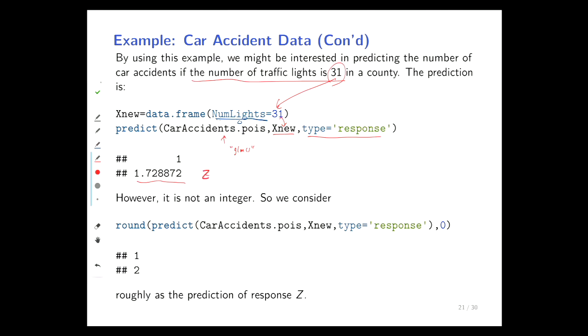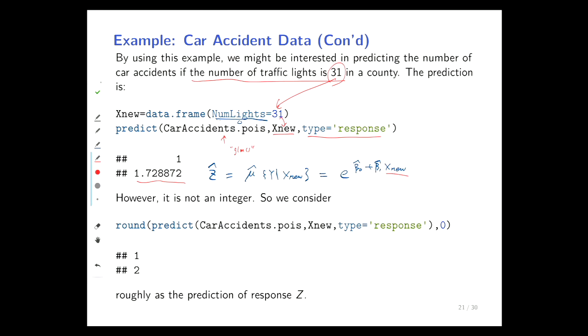That's Z, and we also use Z hat. This Z hat equals mu hat Y given X new, using the new data, which equals the exponential of beta 0 hat plus beta 1 hat X new. If we have new data, we usually call it prediction. We do not call it fitted value. So basically, the only difference is the name.